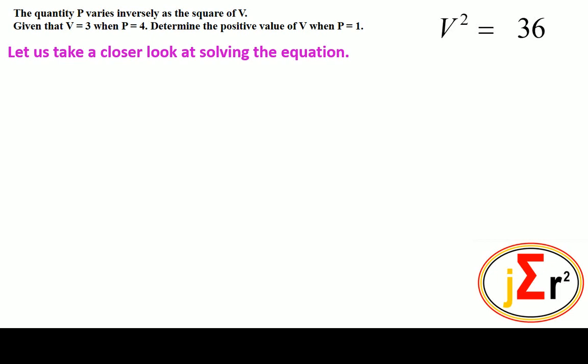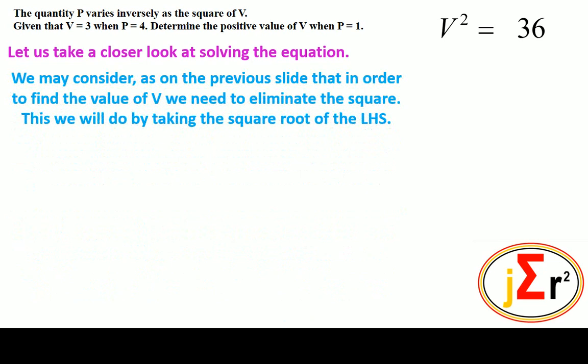At this moment, we are going to take a look at the reason for the examiners asking for the positive value of v. We may consider, as on the previous slide, that in order to find the value of v, we need to eliminate the square.